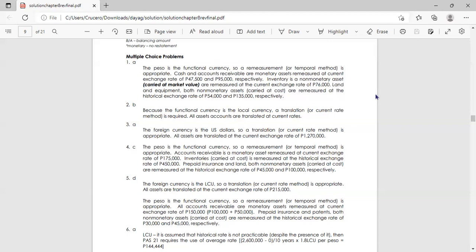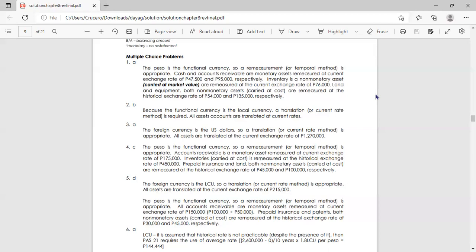We have accounts receivable remeasured at current rates and at historical rates, for accounts receivable and inventories, prepaid insurance and land. What amount should be included as total assets on the balance sheet on December 31, 20x4?